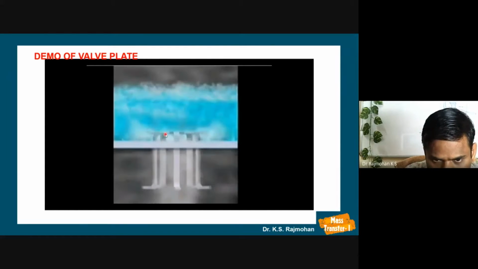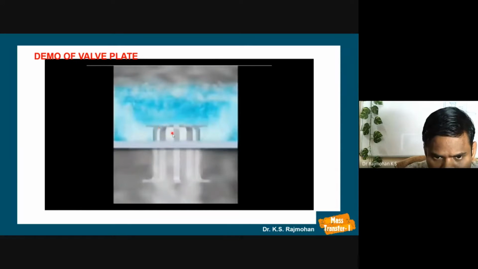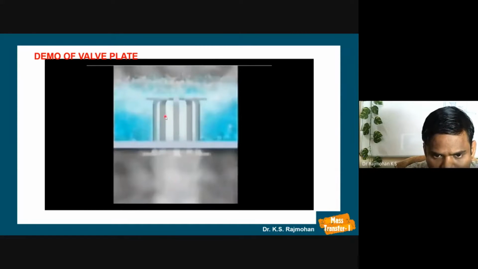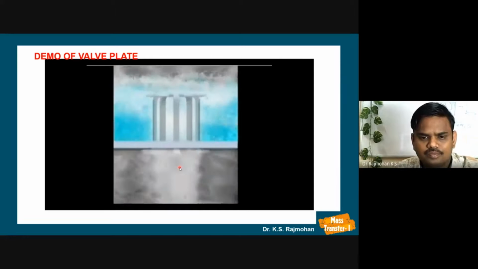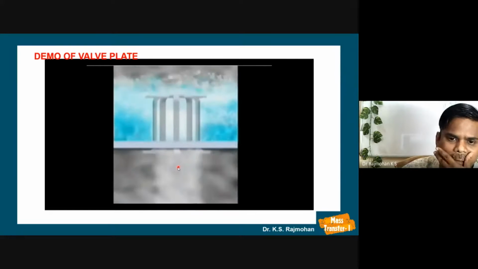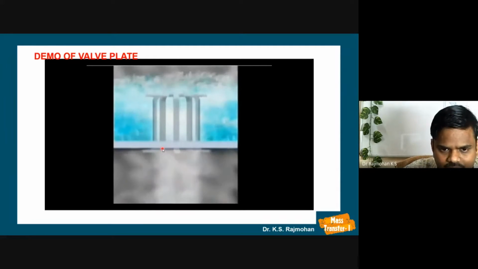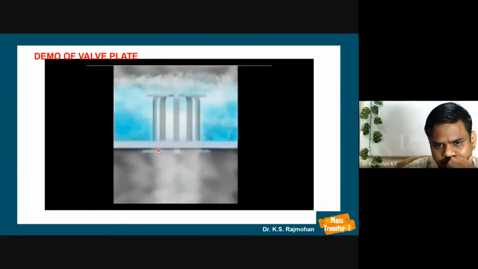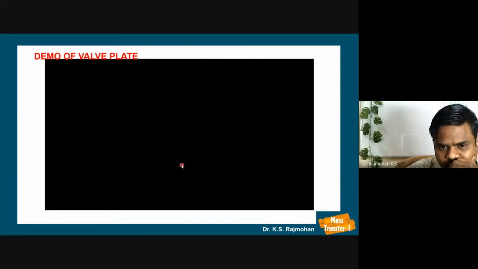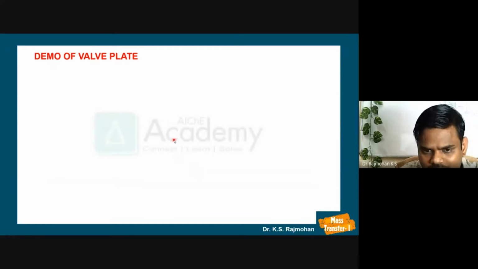It will go up when the velocity is high. If the velocity is less, it will go down. So it depends entirely on the gas velocity, right?